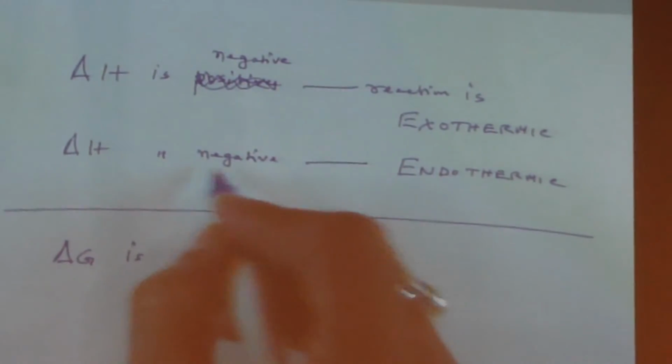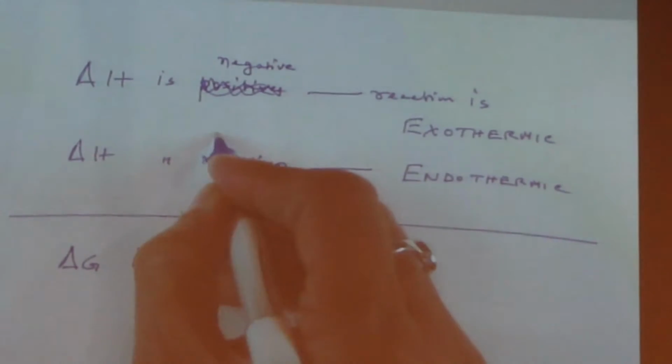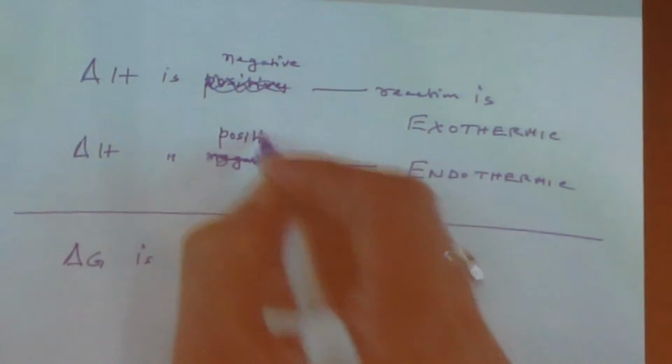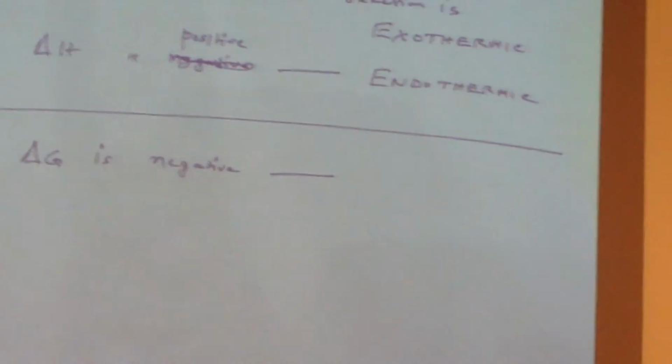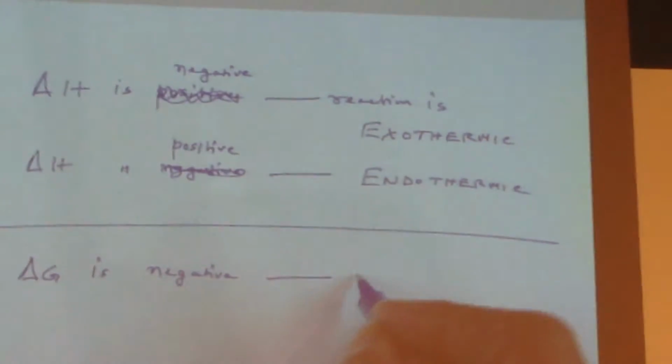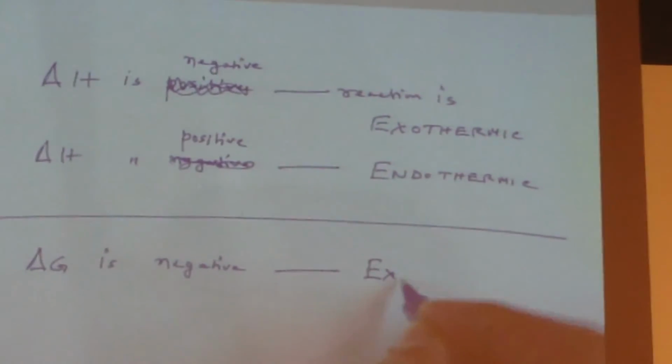Delta G is negative. Delta H is negative. That is, the reaction is exothermic, and this is positive. Then it's likewise, delta G is negative, which is the favorable process. The reaction is exergonic.